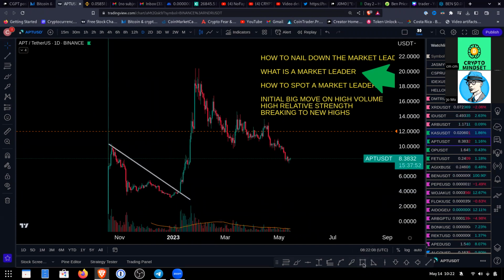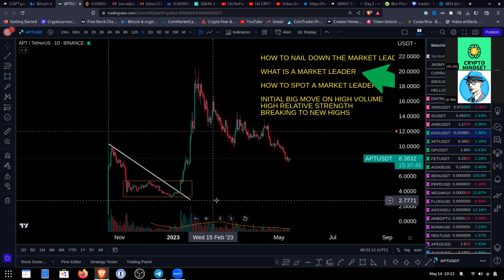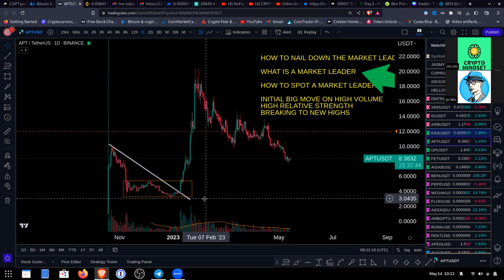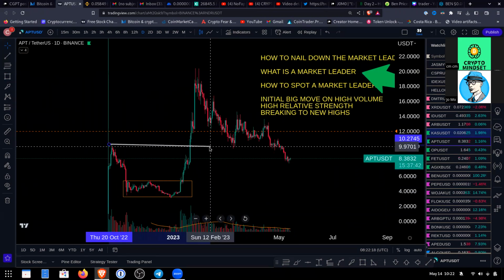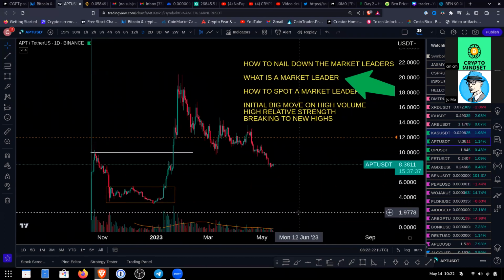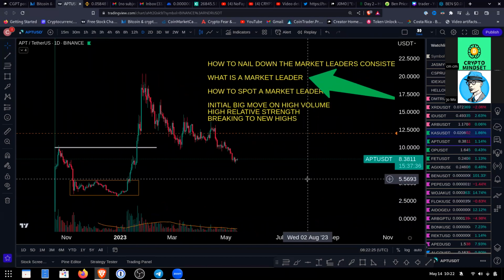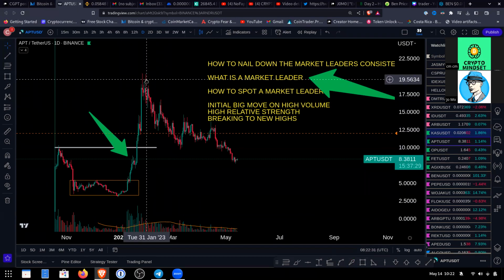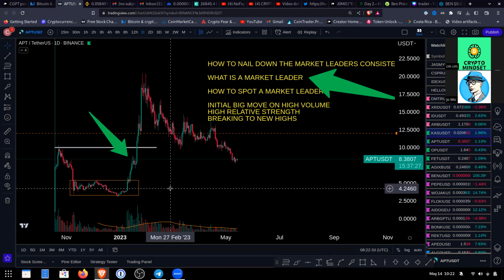So APT was one of the first to actually show a big thrust up. It was around a 150% move from that break of the trend line. So that is a market leader. Again, a market leader is an asset that moves first out of the lows, or one of the first to break to new highs while the market is moving sideways or actually going down. APT is one example.